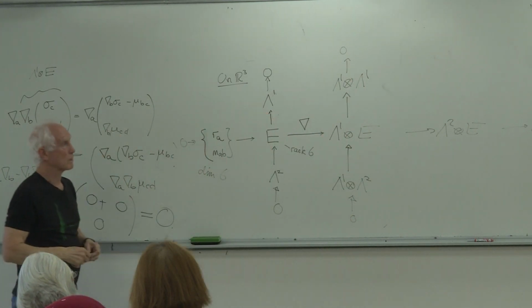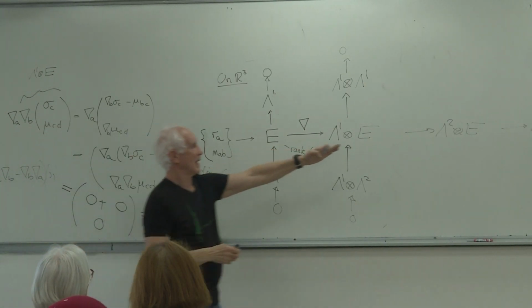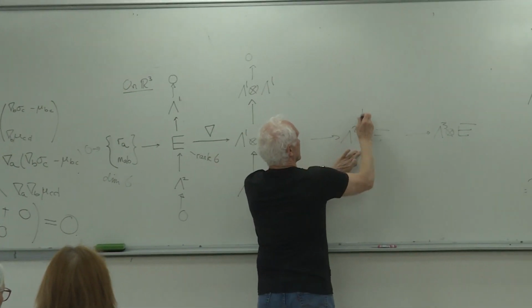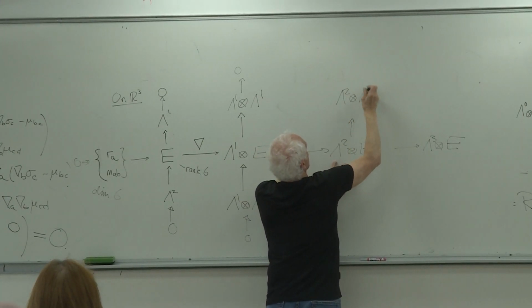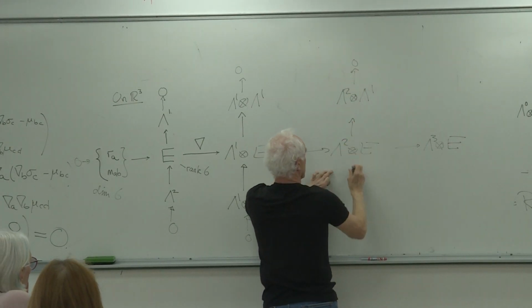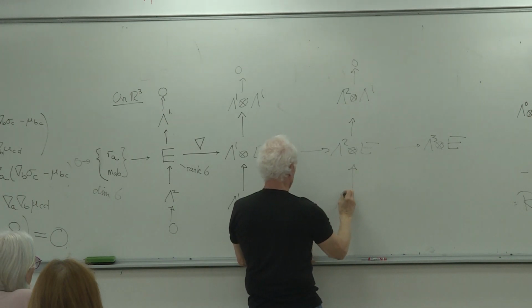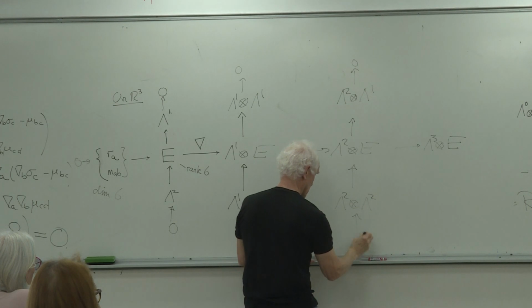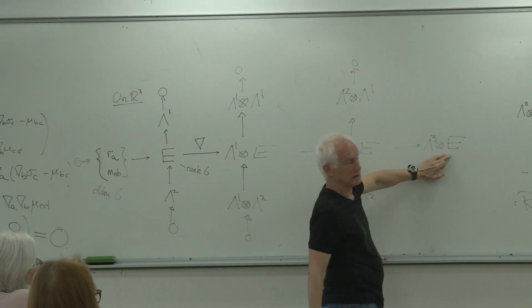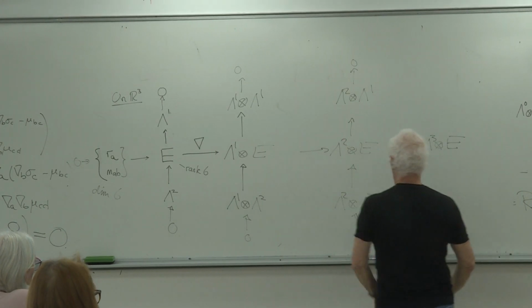Next thing along, I just get two forms tensor everything. So here I get two forms tensor one forms, and here I get two forms tensor two forms. And here, what do we got?